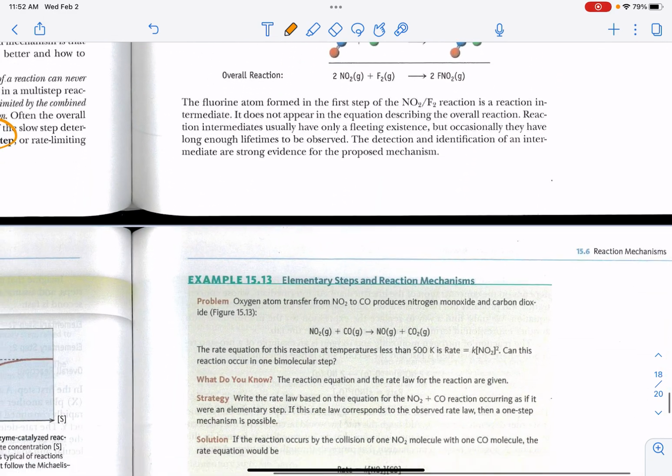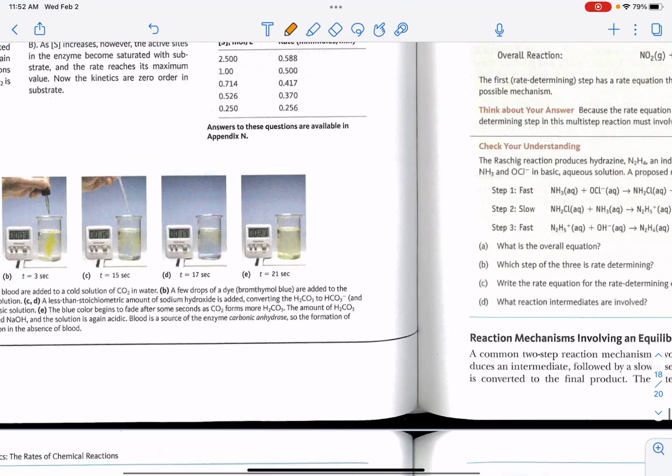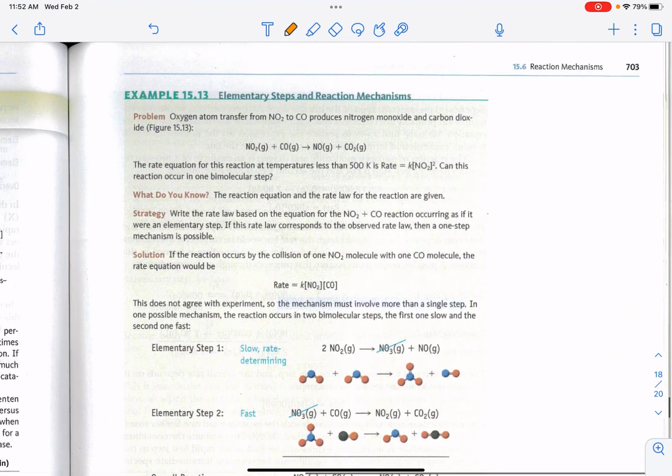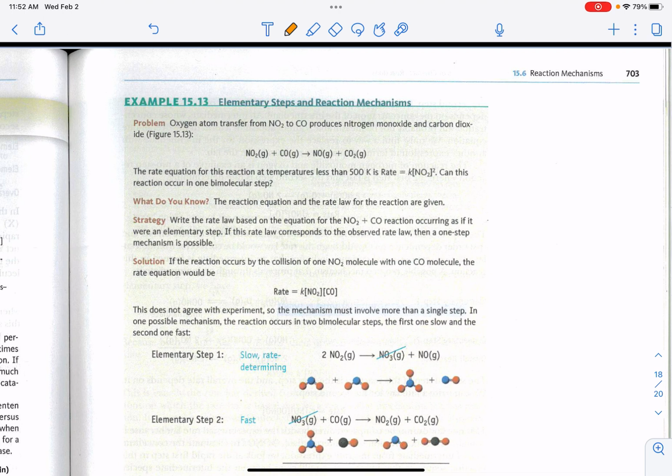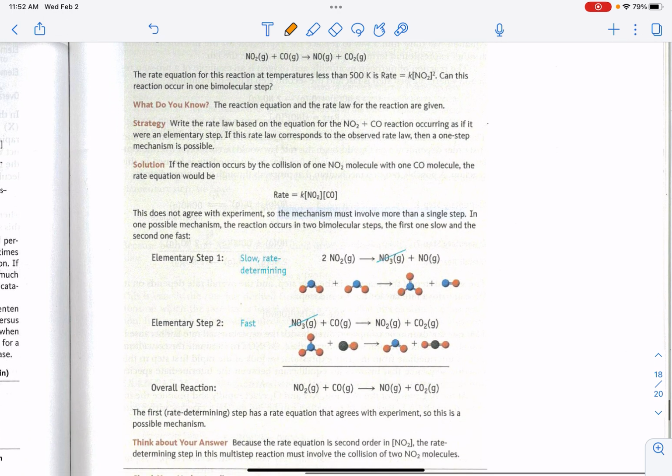Now, let's move on a little bit. Let's look at this example here with nitrogen dioxide and carbon monoxide. You'll notice that we propose 2 steps. And in these steps, we propose that 2 of my nitrogen dioxide molecules collide with each other to make nitrogen trioxide and nitrogen monoxide.